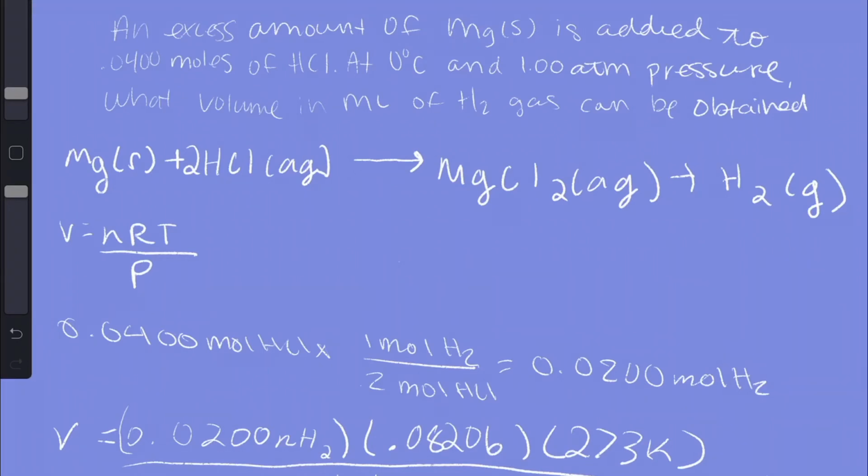When you put that in your calculator, you get volume equals 448 milliliters of H2.